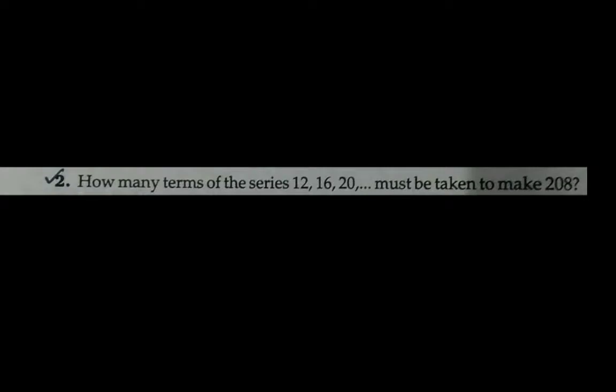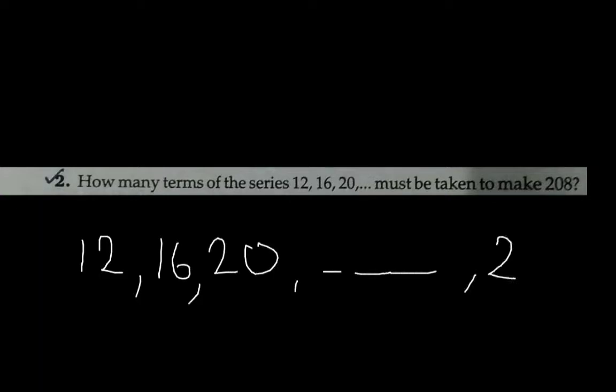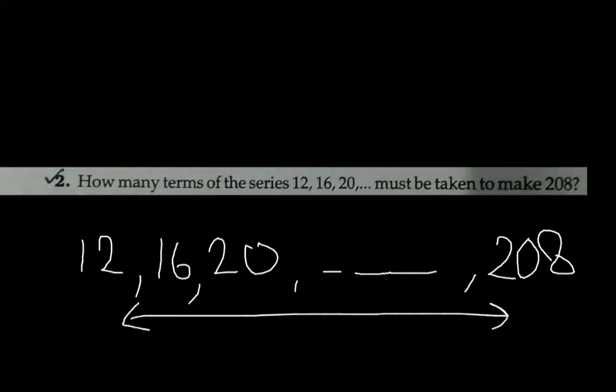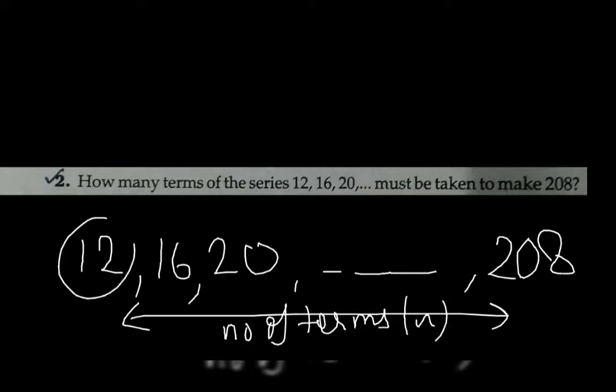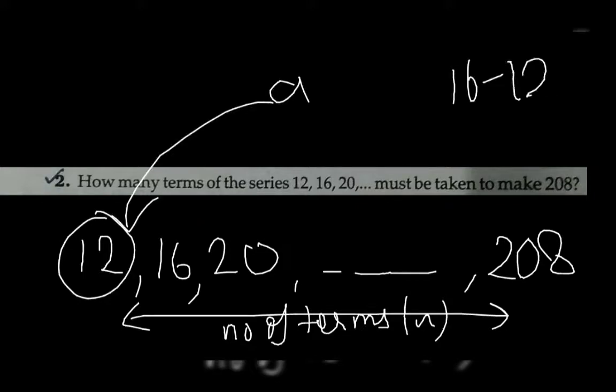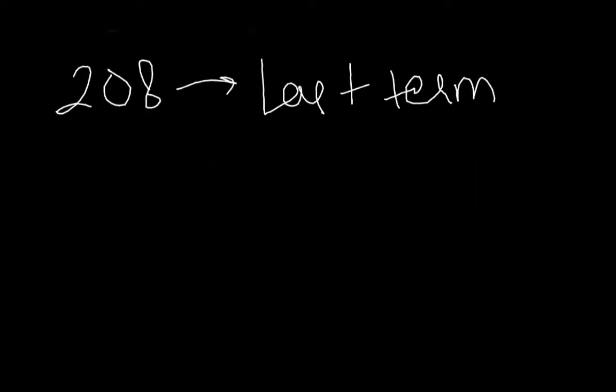The series is 12, 16, 20, and so on, up to 2008. I have to find the number of terms, that is nothing but my n. My a is given here, and the difference you can easily find out: 16 minus 12 is 4, so d is 4 and a is 12.